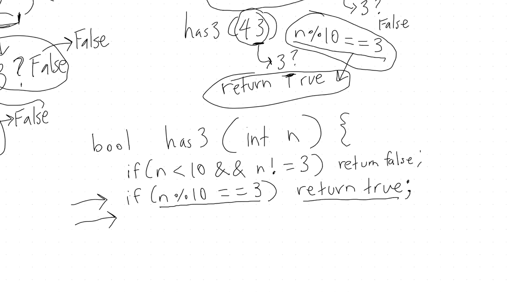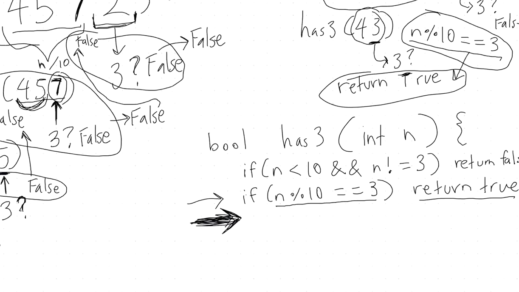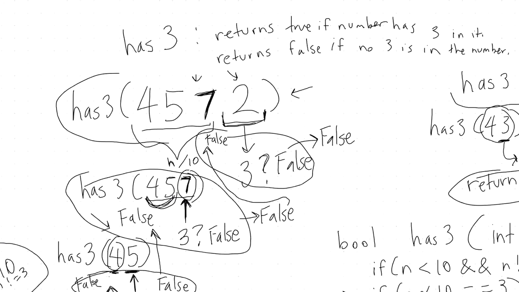So if we reach this line, we know that n mod 10 is not equal to 3. So it's similar to what we were doing here, where we were checking the last digit and checking if it's 3.